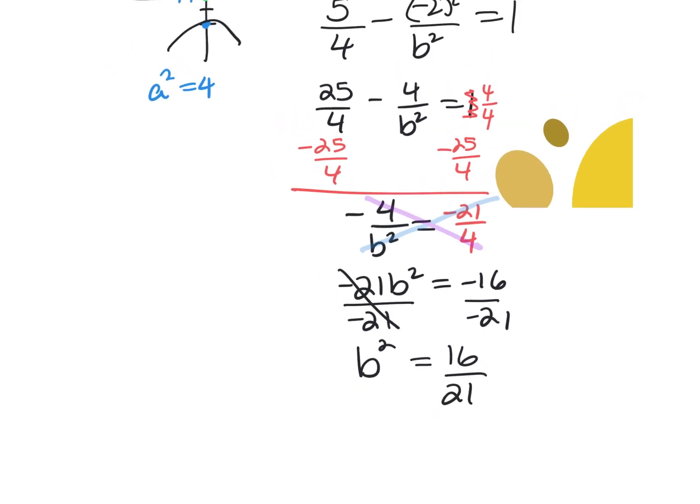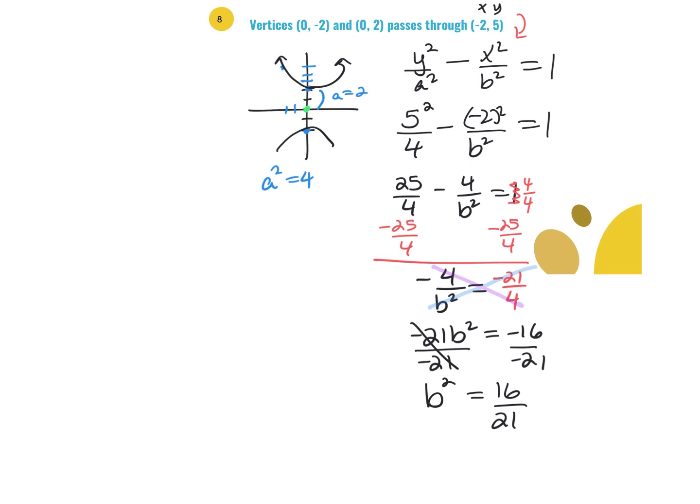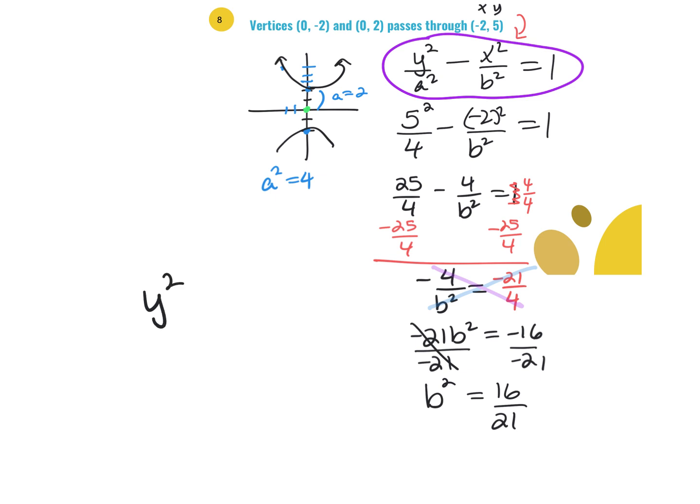Now remember, all we need to find is a squared and b squared. So I found that. So now I'm going to go back to what I said the standard form was that we needed to fill in. So y squared over 4 minus x squared over 16 over 21 equals 1.